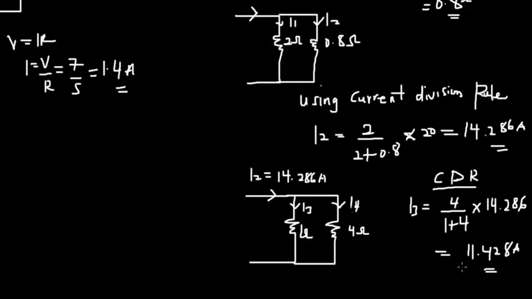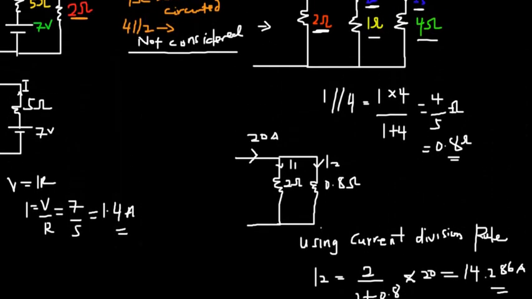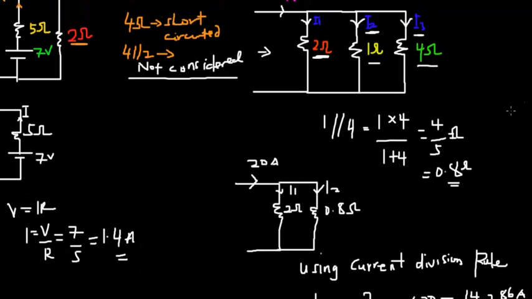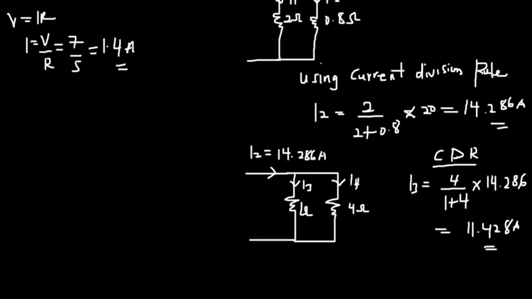After calculating the current passing through I3, that's our 1 ohm resistor, first we got to calculate the current passing through I2, and then also calculate I1, the current passing through I1. So I think this brings us to the end of this tutorial.